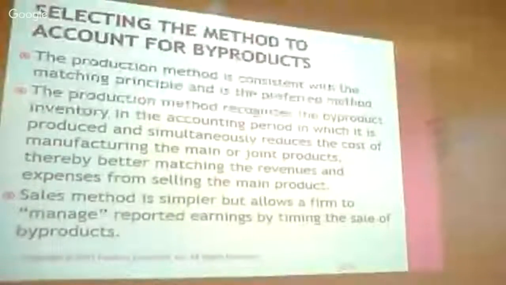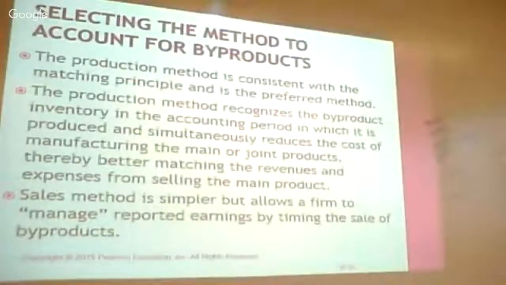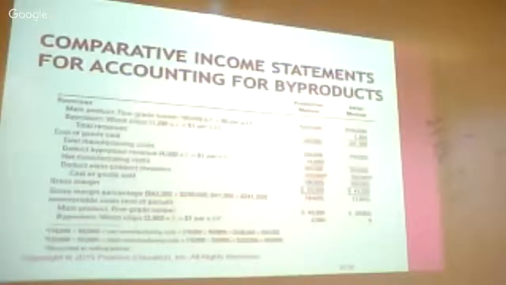All right, the production method is consistent with the matching principle and it's the preferred method. So match the production method, which was where we only had the revenues for the main product.